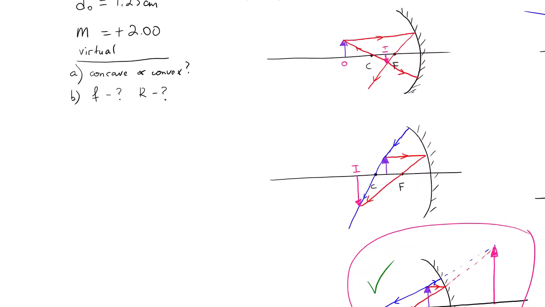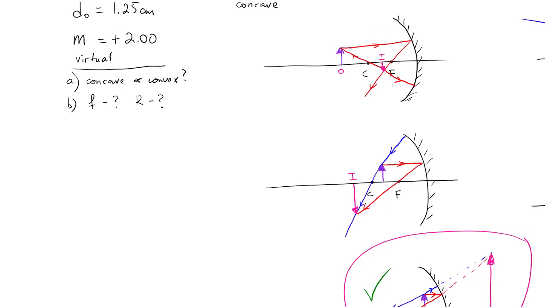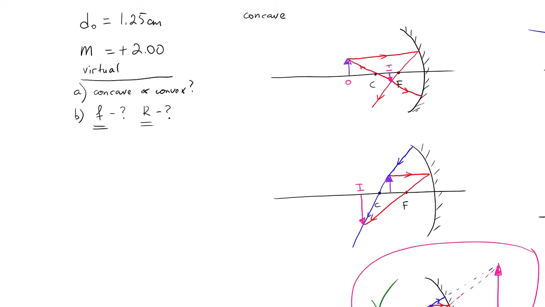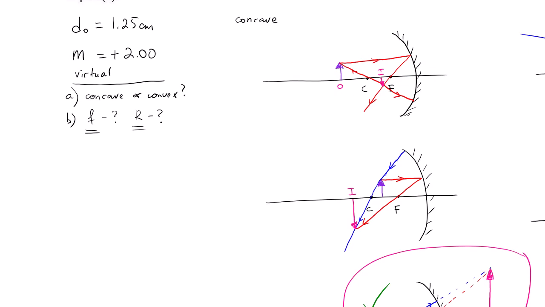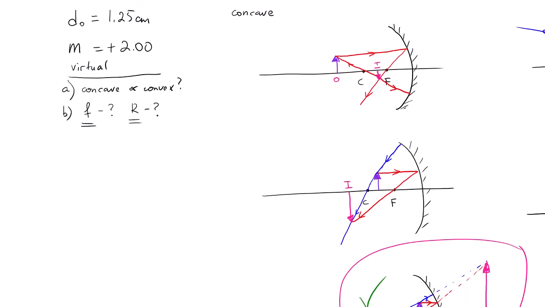Let's see what it is asking us to do. Well, in part B, we're asked to find the focal length and the radius. About spherical mirrors, we know that 1 over f equals 1 over d_o plus 1 over d_i.